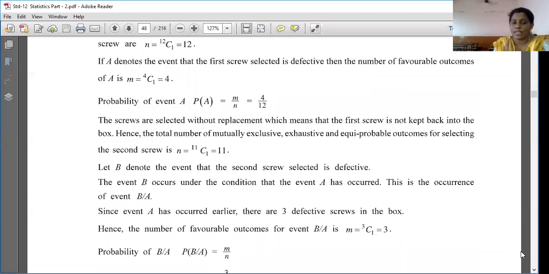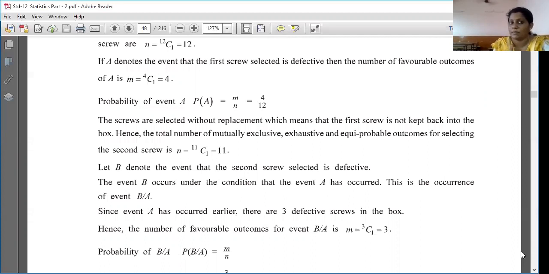So 12 becomes 11C1, and B denotes that the second screw selected is a defective one. So your M will be 3C1, one by one without replacement.